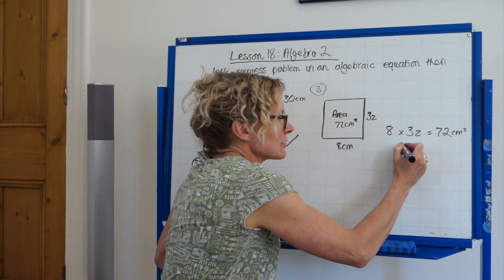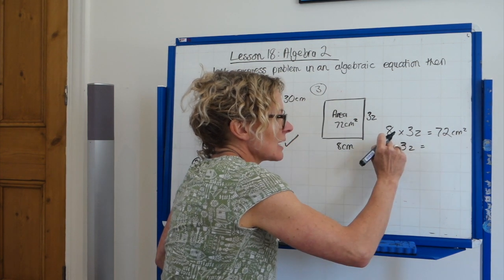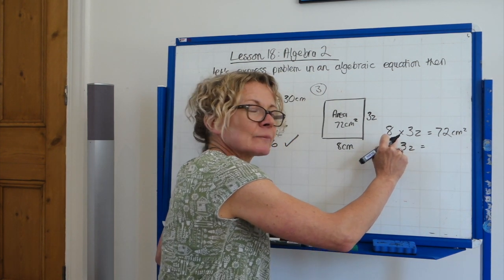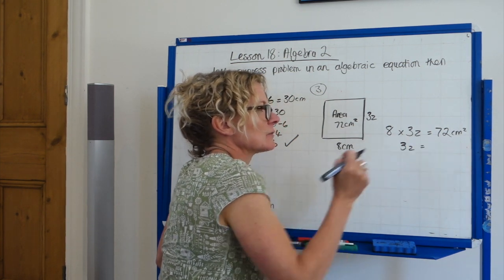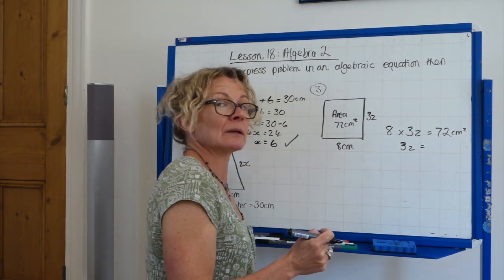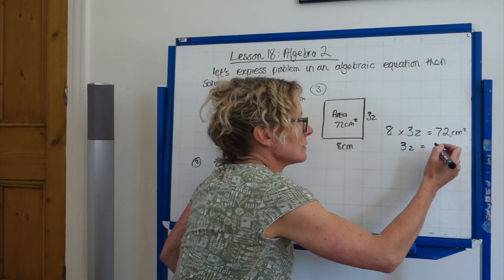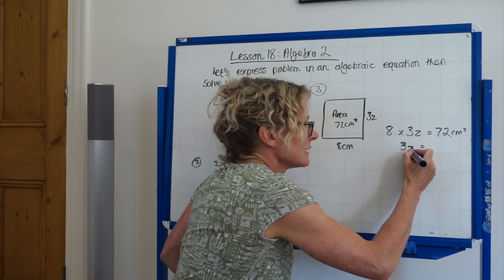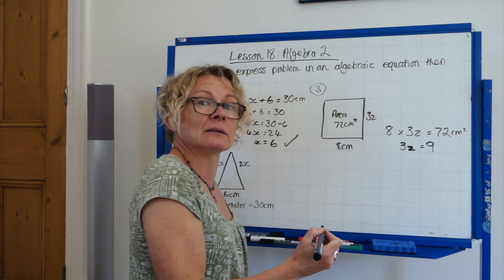So if we get 3z on its own, we need to take this over the other side. What is the opposite to timesing? Dividing. How many lots of 8 in 72? 9, yeah. So 8 into 72 goes 9 times. So 3z equals what? 9, yeah.